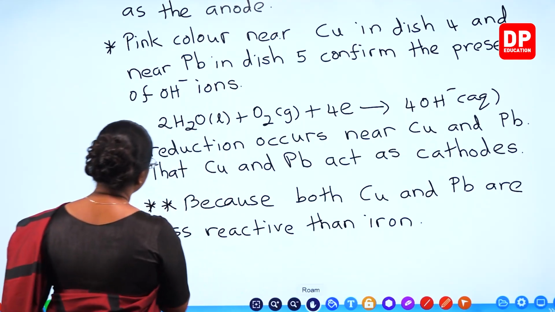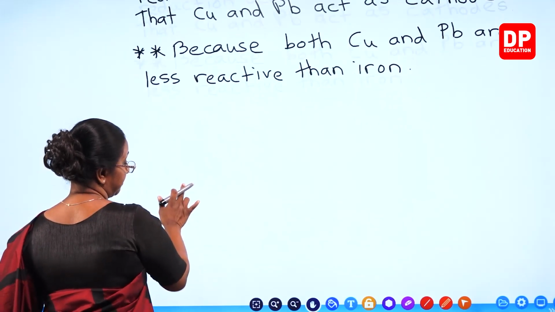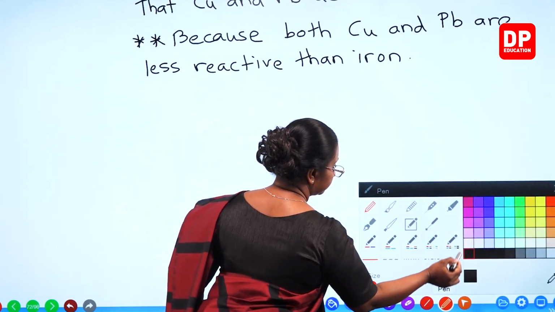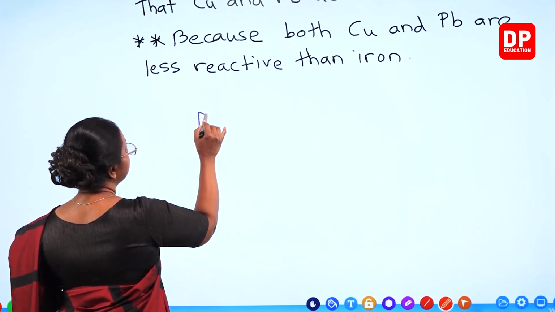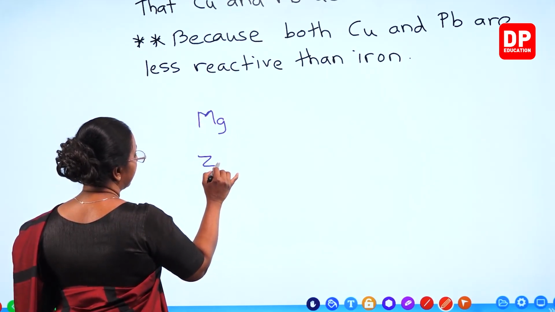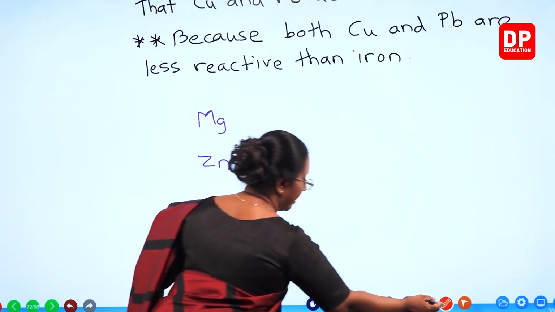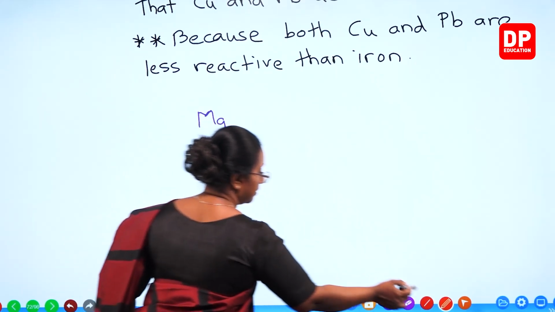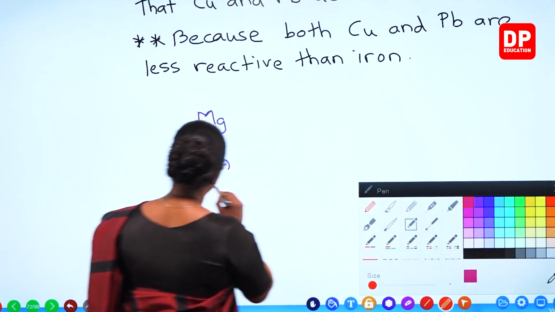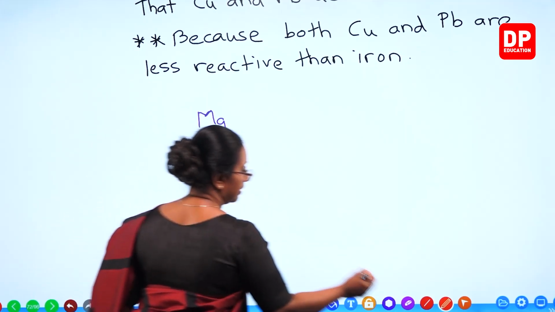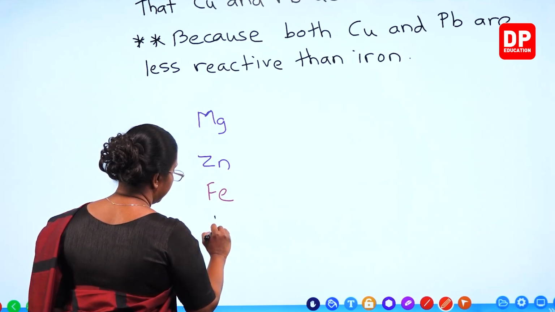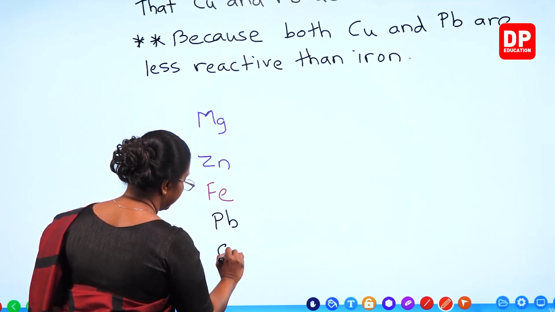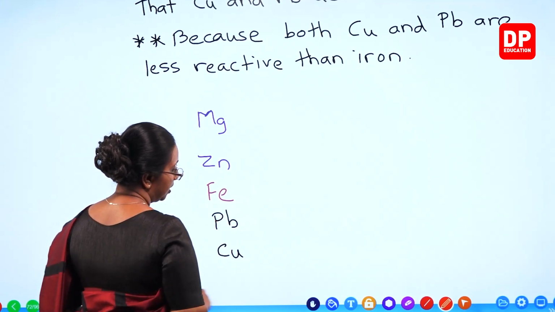So if we try to understand this concept, here we have magnesium, then zinc, then iron, lead, and then copper.